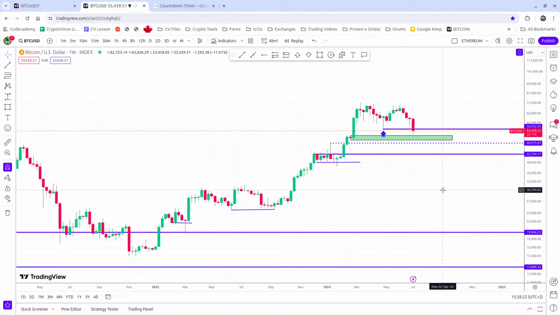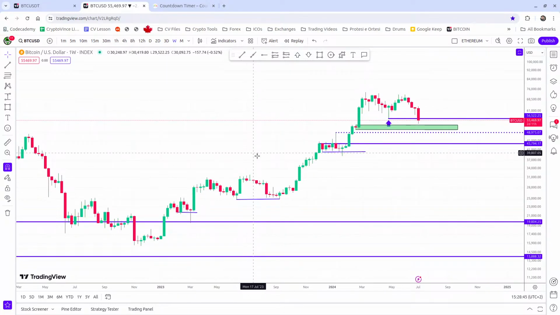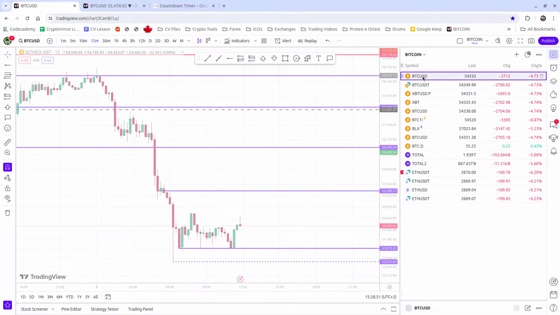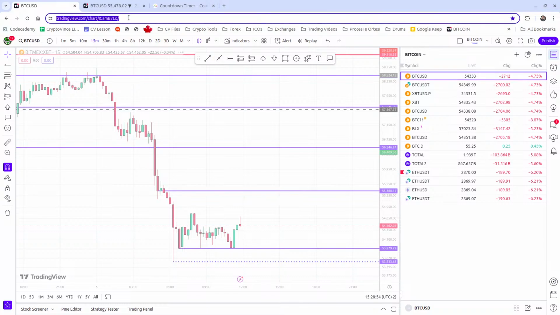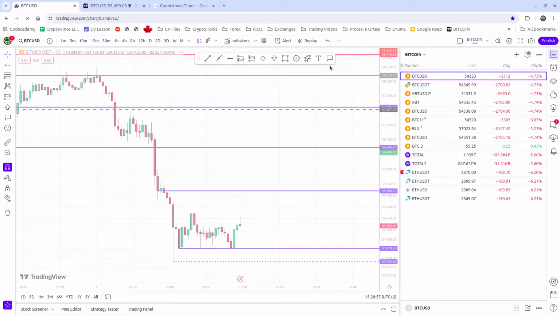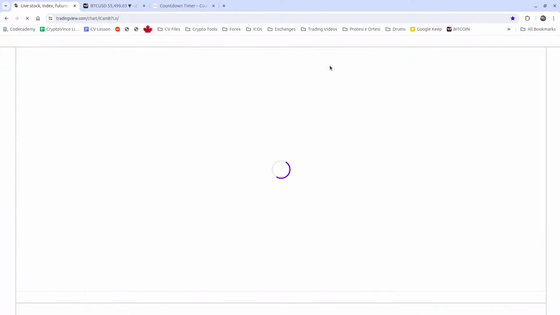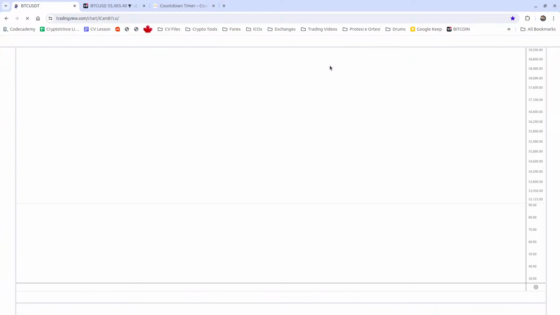It's not happening, so we really need this weekly candle to close above 56.5. We really need that, guys, to emulate what happened before and keep the uptrend. Let me go check my Bitcoin charts. Yeah, I'm streaming.